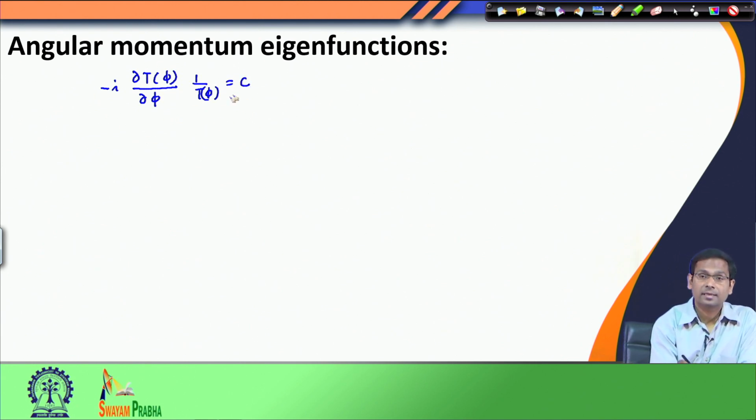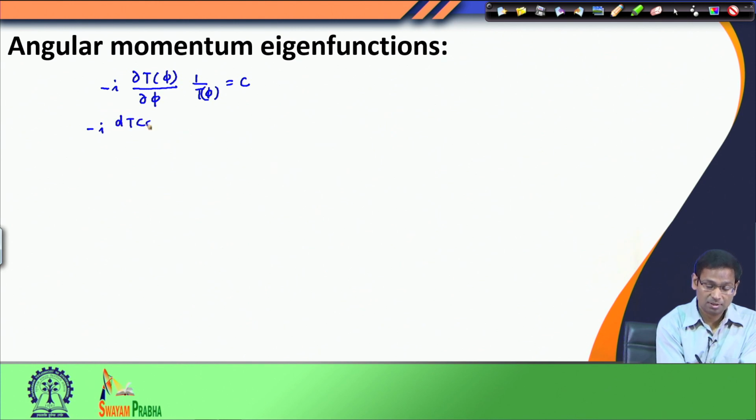So, the right hand side is also equal to a constant c. Now, the task is to solve this equation. Again, since I am dealing with only one variable, that is phi, I can replace this partial derivative with a regular derivative.